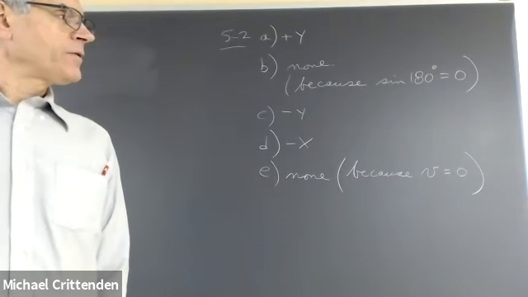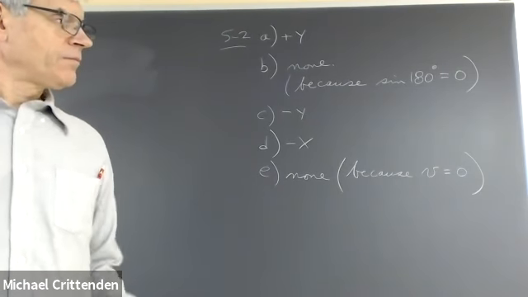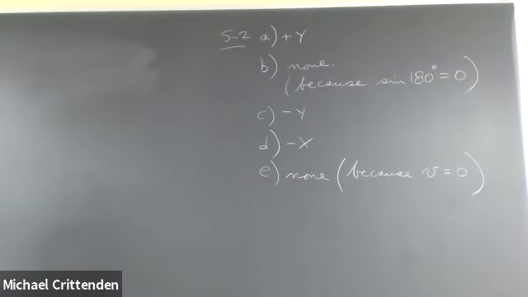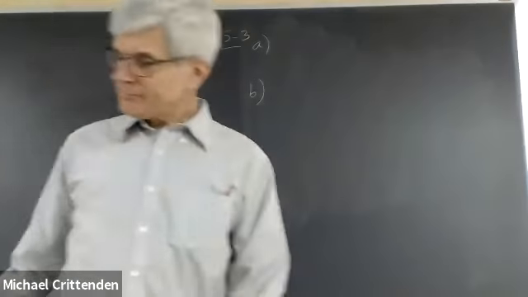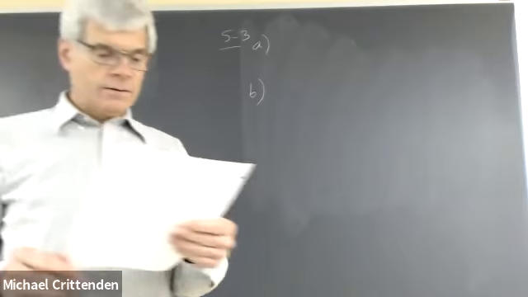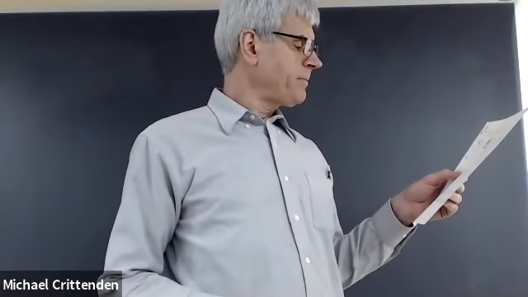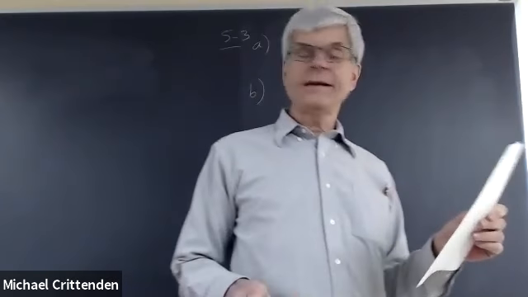So the question once again is the direction of the force. We'll pause for a moment so you can think about that. Part A says here on this piece of paper that the answer is minus Z.